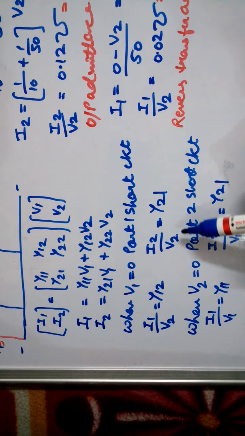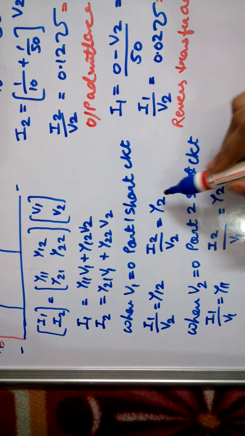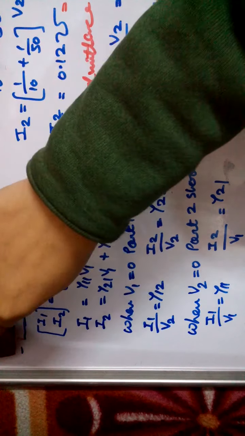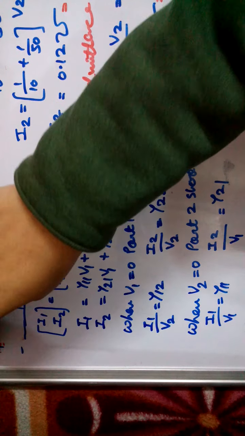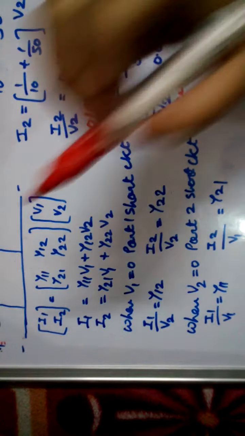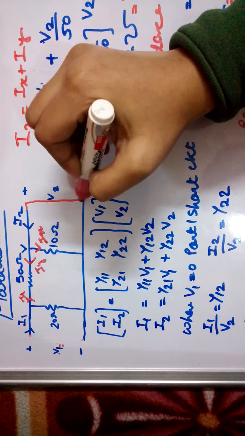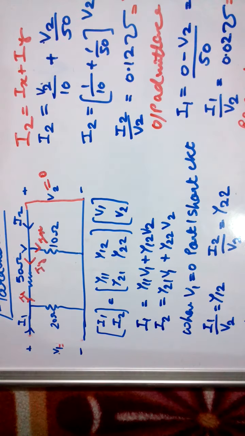Sorry, here I2 upon V2 equals Y22. So let's short circuit port 2, which means V2 equals 0.